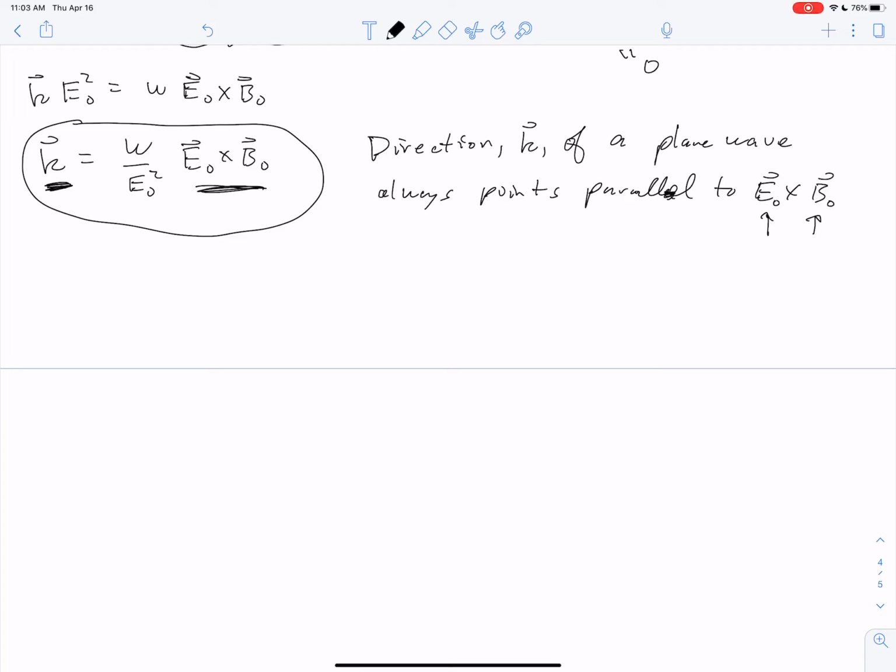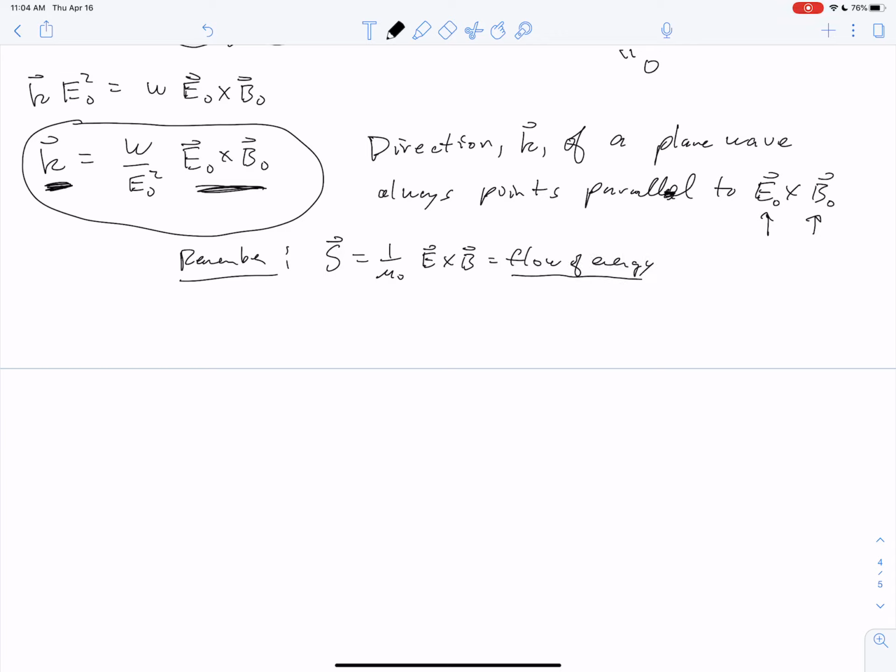And it's really quite nice because it makes sense also, because you guys remember that the pointing vector S is equal to 1 over mu naught E cross B. And this is the flow of energy. That's the flow of energy.